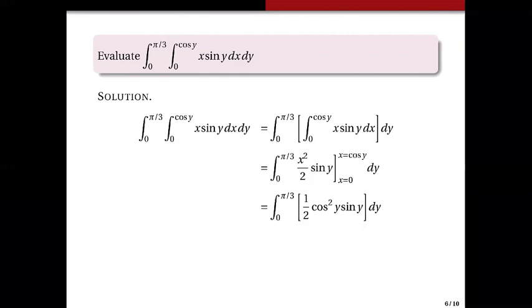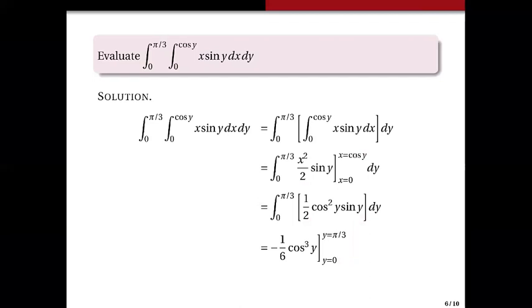So this is easily integrable. Just try to recall your trigonometric integration. So you will end up with negative 1 over 6 cosine cubed y. And then you evaluate this from y equals 0 until y equals pi over 3.